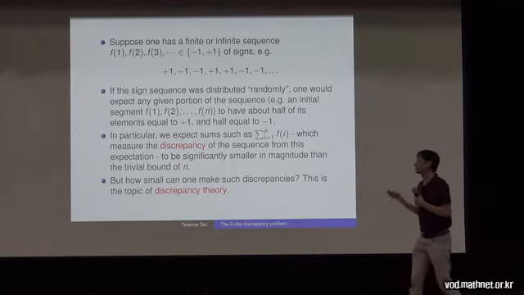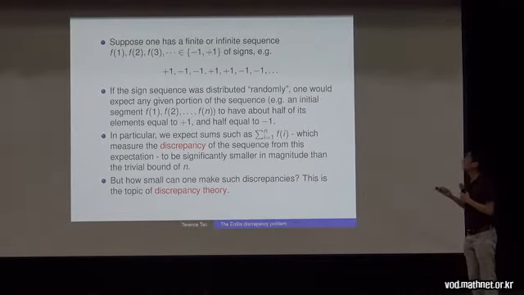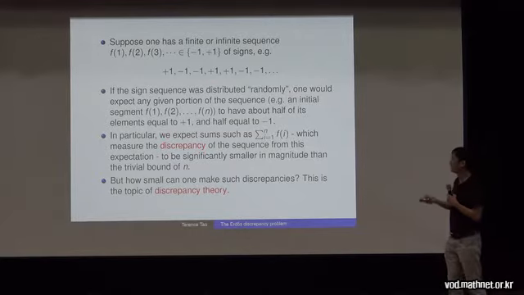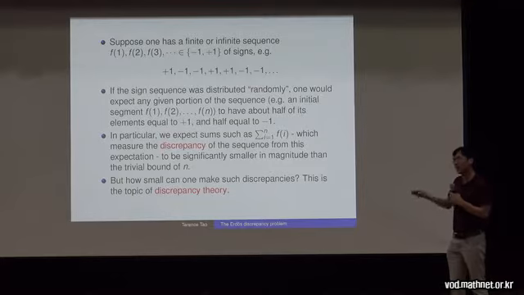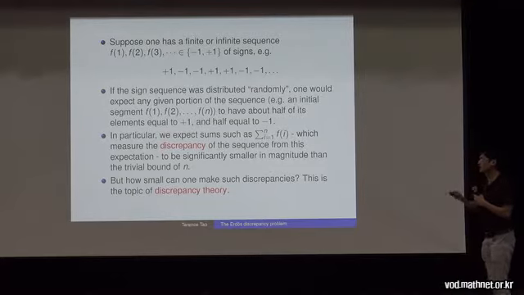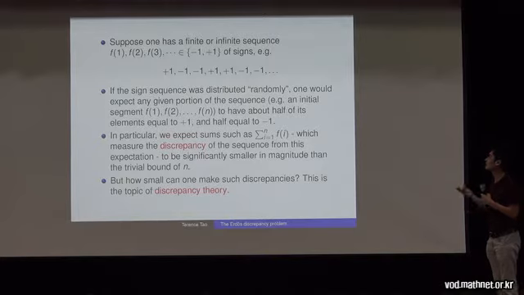Of course there are lots and lots of sign patterns, and most of them look kind of random. If you write down a sign pattern of plus 1s and minus 1s, half the time you should have plus 1s, half the time minus 1s, so your sequence should be evenly distributed.